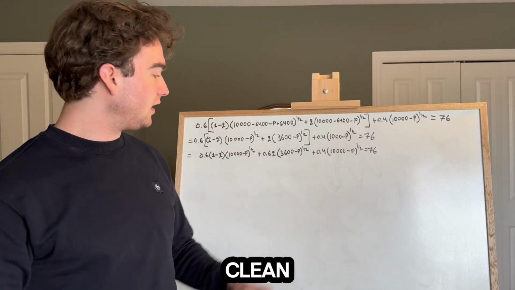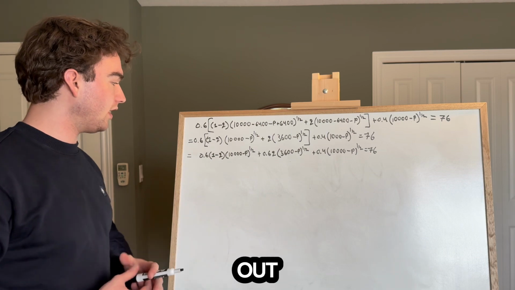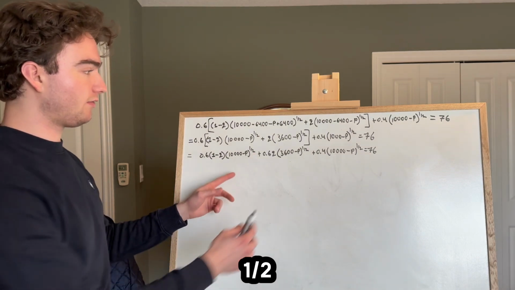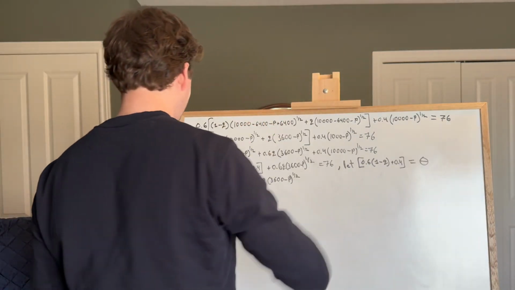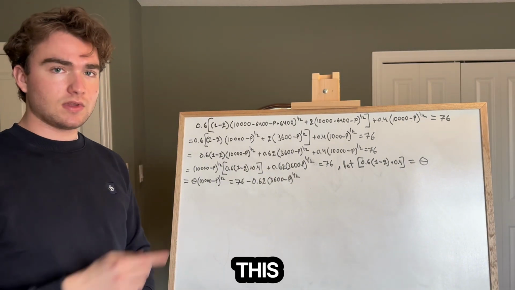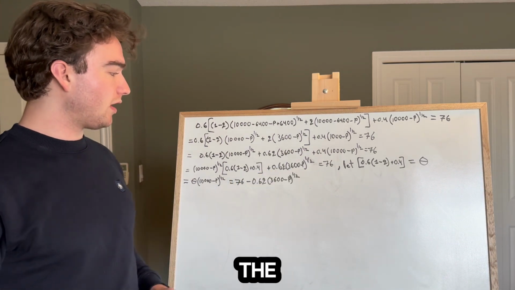It's a little bit more clean, and now we're going to bring out 10,000 less P to the power of 1/2 on these two terms. So I'm going to do that now. This is our next line here. So I made this theta and I moved him over to the other side.